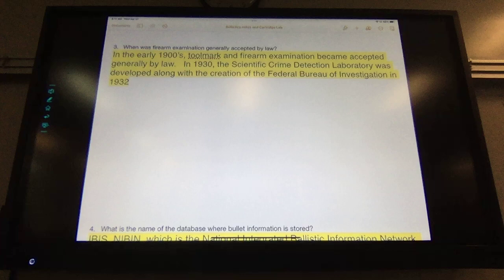And then they brought in some additional experts and figured out that, hey, he didn't even examine the bullets correctly. So by 1930, along with the creation of the FBI in 1932, now this is a standard forensics practice in ballistics, analyzing weapons.